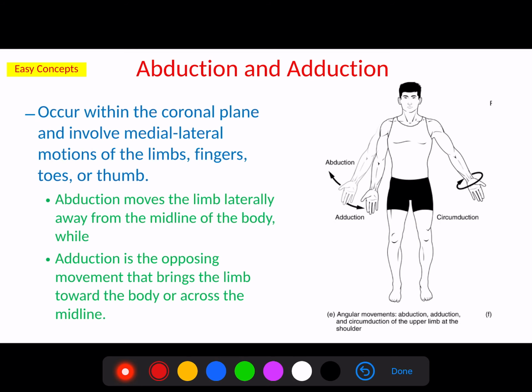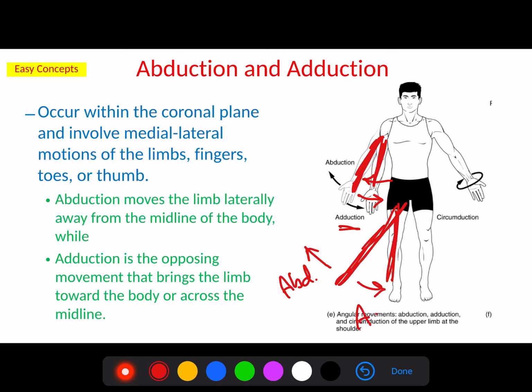Then there is the adduction and abduction. Abduction is taking it away from the trunk. Adduction is adding it to the trunk, whether it's on the arm or even on the leg. So if I move the leg to here, that's abduction. If it's moved to here, that is adduction.